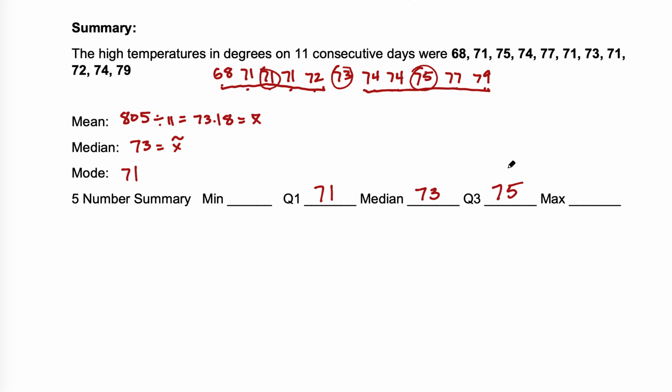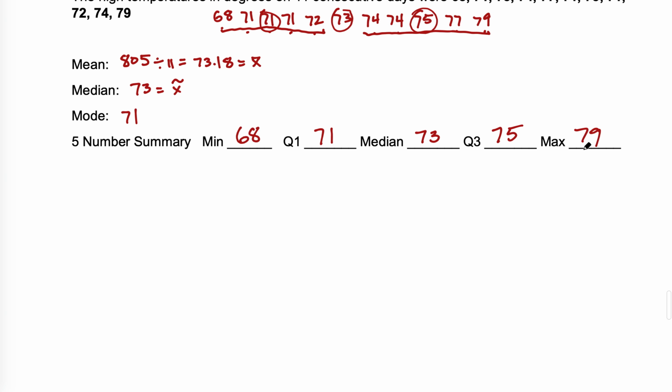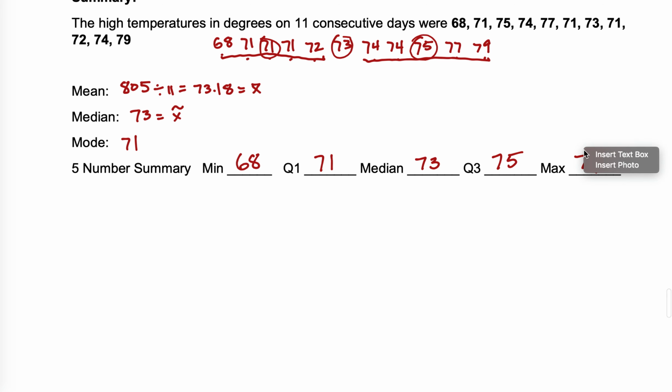And I believe, nope, where'd that go? Looks like I've got a drought right down here. So I need to make a number line that goes from 68 to 79 at least. So I'm going to do the best that I can on this.